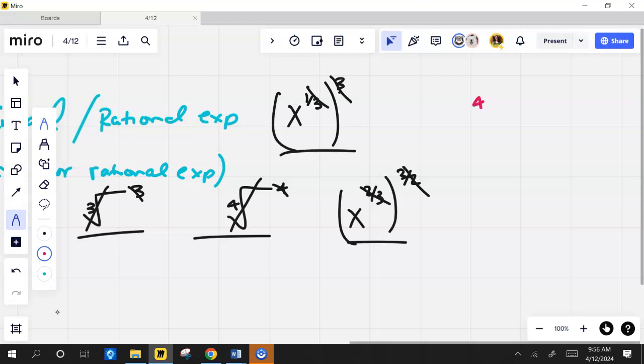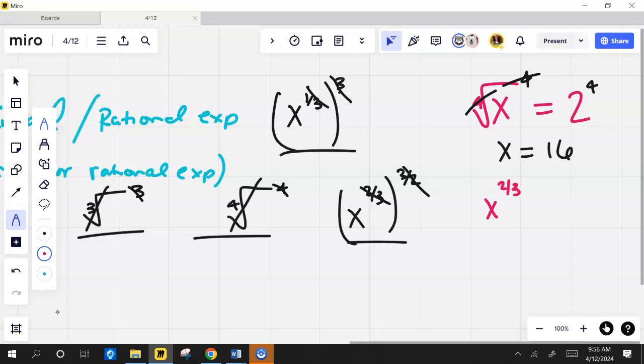If I had the fourth root of x equals 2, and I needed to solve that for x, then in order to eliminate that radical, what would I do? Fourth power. The power here eliminates it, so I do the same thing on this side, and 2 to the fourth power is what? 16. So here x equals 16. Right? Pretty easy. Or if I had x to the, let's say 2/3 again, equals, let's say 8.